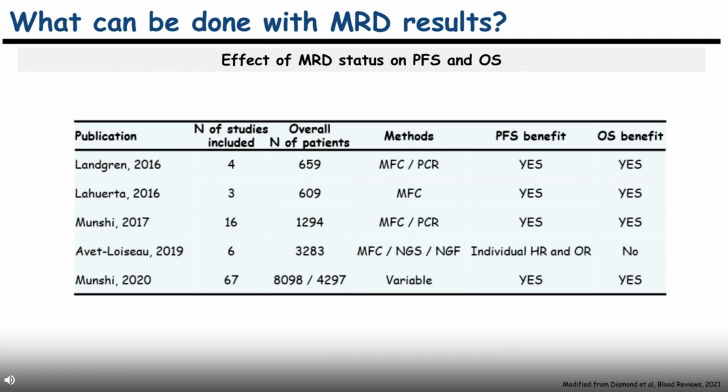Actually, several meta-analyses have evaluated the relationship between MRD and progression-free and overall survival in an important number of publications involving a high number of patients, yet again demonstrating that in all cases MRD negativity assessed by any of these highly sensitive methodologies is associated with prolonged progression-free survival or overall survival.